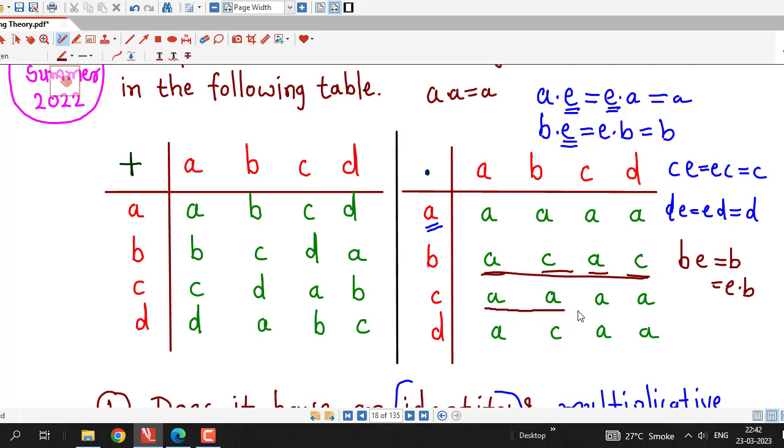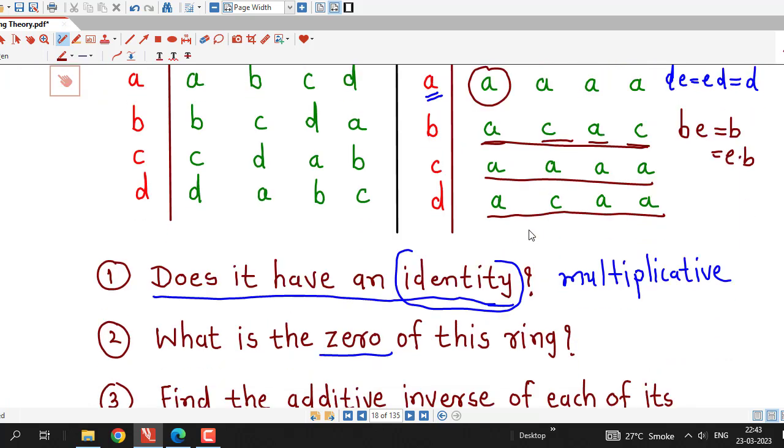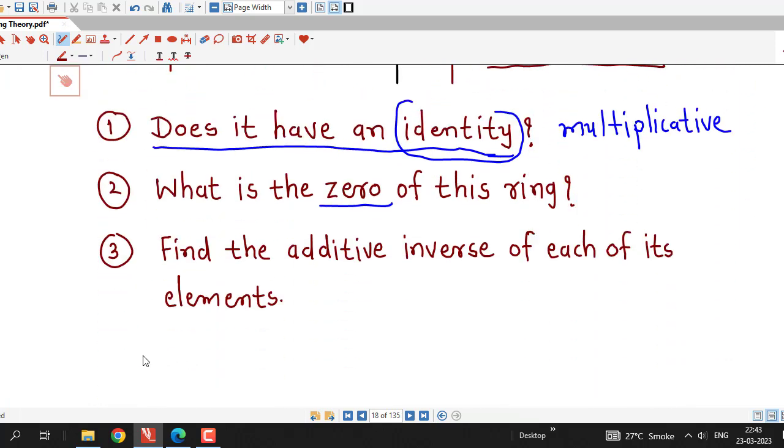Similarly, there is no C here. So for C also there is no element like E, and here also. If our ring has identity, then in the composition table at least one time we will obtain that element itself if this condition is satisfied. So this means given ring has no identity. There is no element in the ring such that that condition is satisfied.